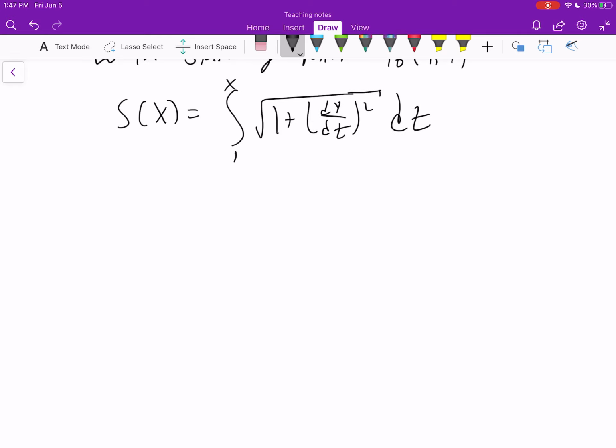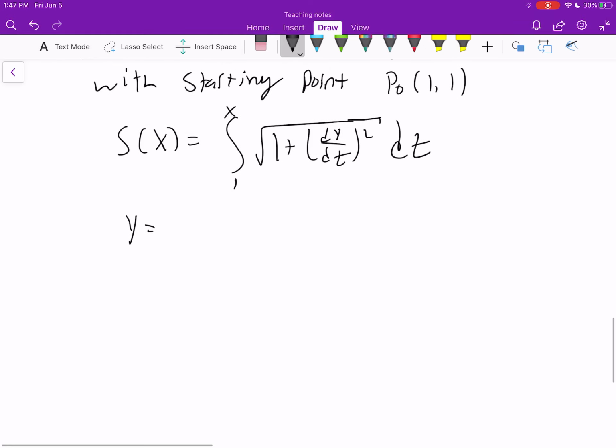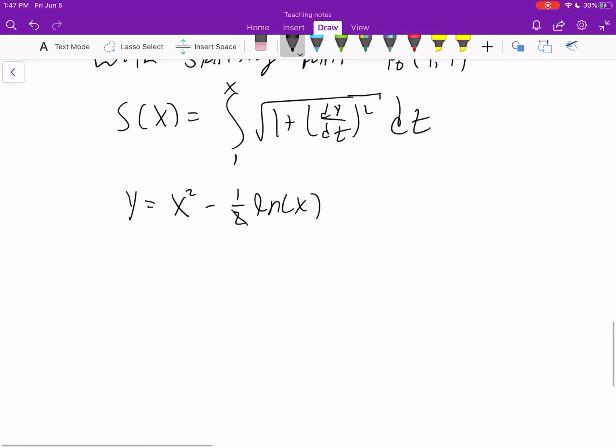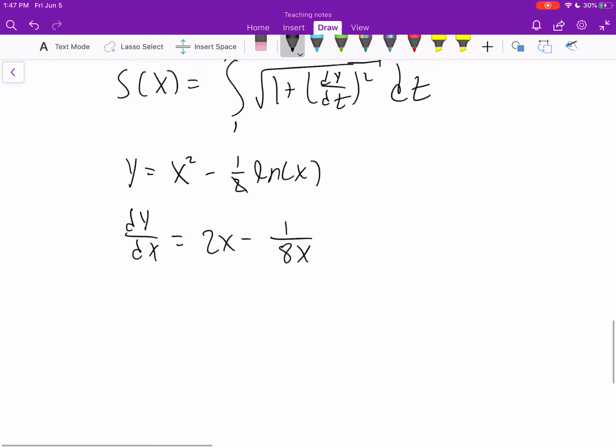So let's figure out, we have y is equal to x squared minus 1/8 ln of x. So we're going to need that derivative. dy/dx is equal to 2x minus 1 over 8x. And just to make things simpler on us, let's figure out what 1 plus (dy/dx) squared is.